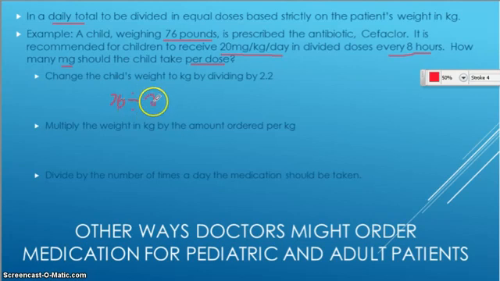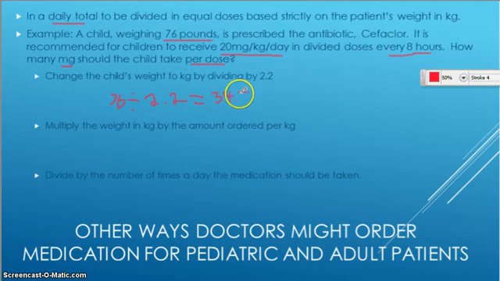So when we put that in our calculator, 76 divided by 2.2, let me do that one real quick. We're going to get 34.5, and that repeats. So 34.545454. And usually what I do is I don't round until the very end.